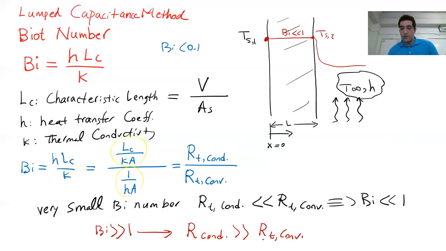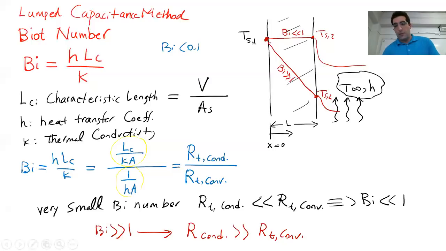And the resistance by convection is low, you have liquid. So there's a huge temperature difference going from one side of the plastic object to the other side, Ts2 in this case. And then of course you have heat loss by convection. So this is the case for a very large Biot number.